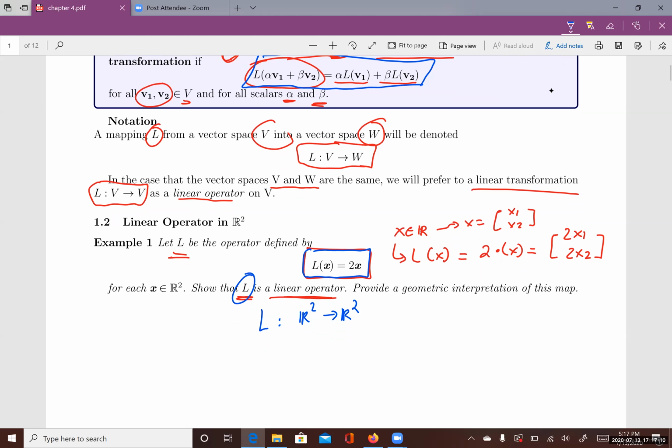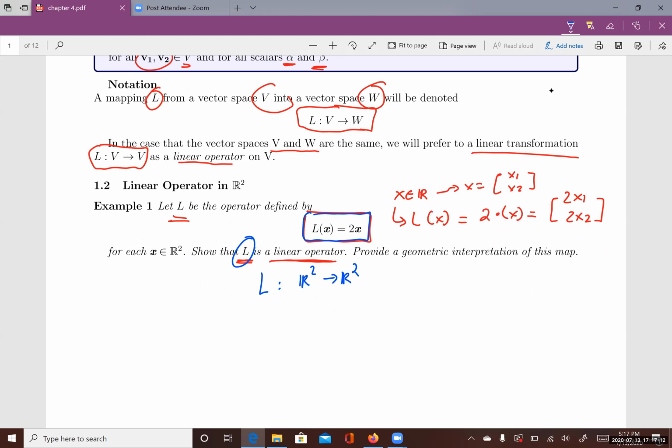Okay, so again, we need to call out two vectors. Let v1 equal, let's say, x1, x2, and v2 is y1, y2. So these are two random vectors in R2.